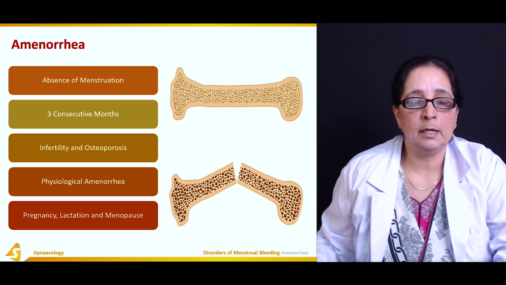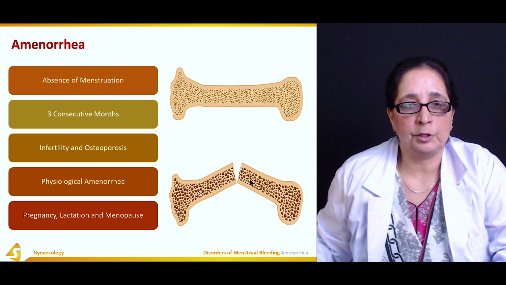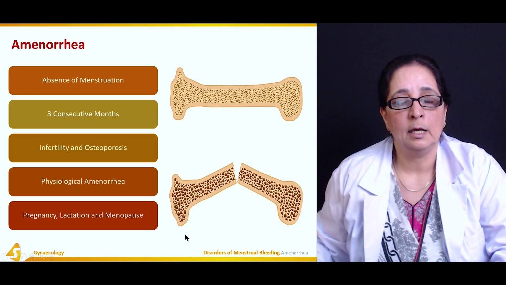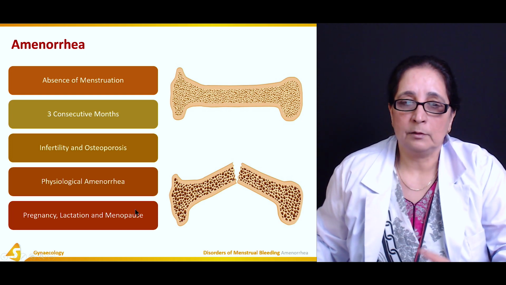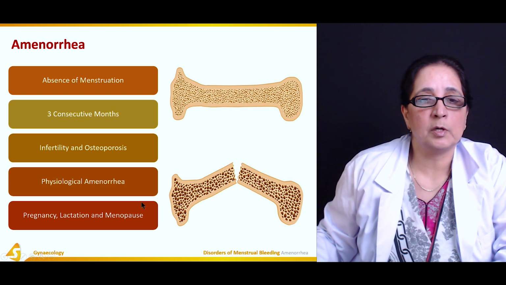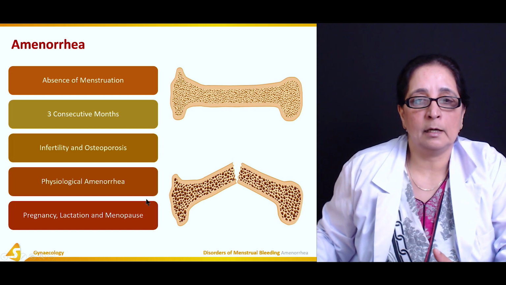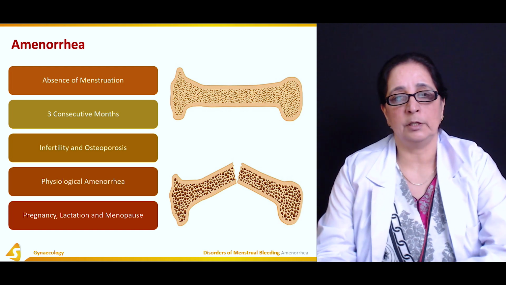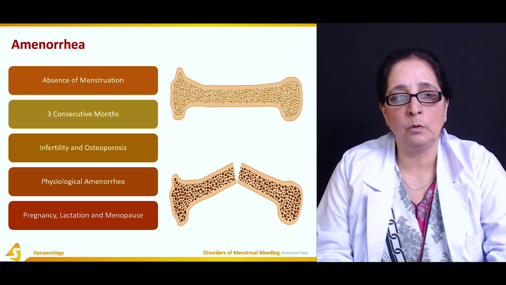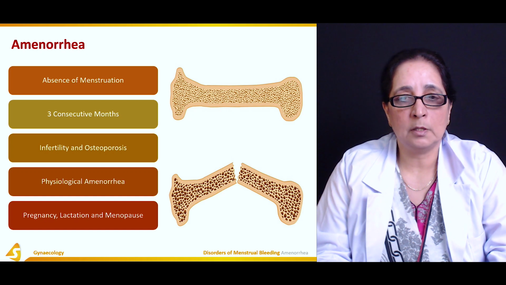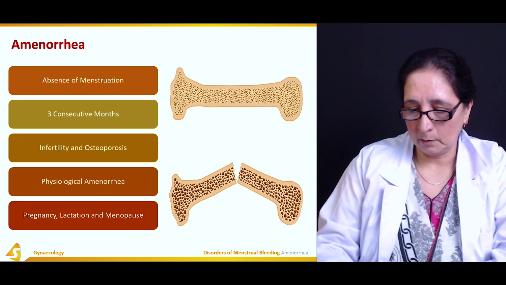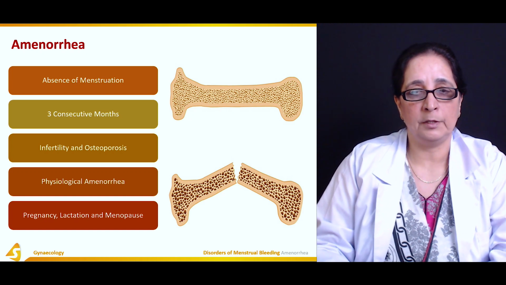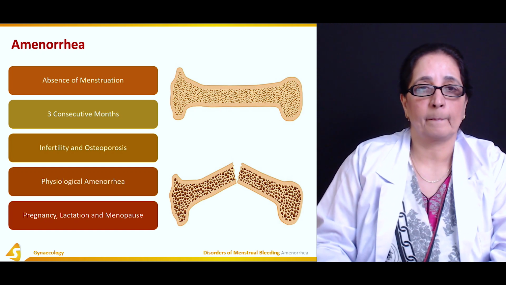So this gives protection against conception. As long as the mother is breastfeeding the baby, they cannot conceive, so they don't need any type of contraception until they stop breastfeeding. Then the third type of physiological amenorrhea is due to menopause. Menopause is the age when the regular menstrual cycle stops, that's age 50 and above.